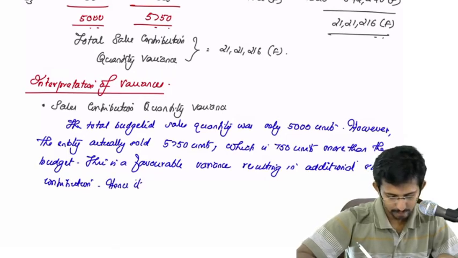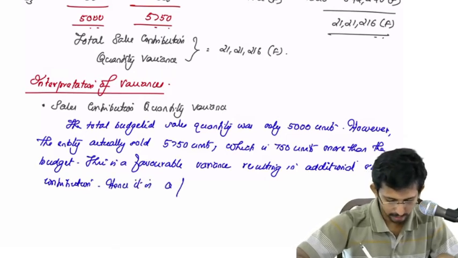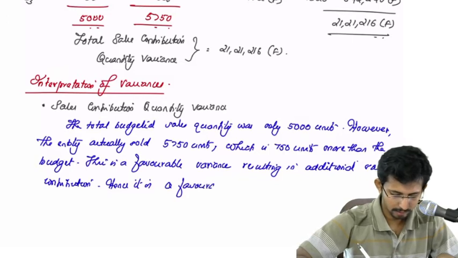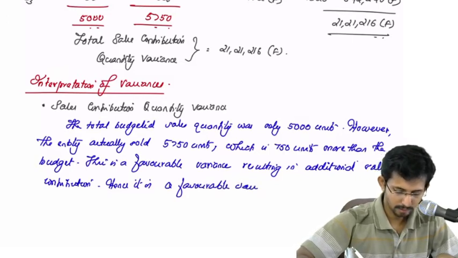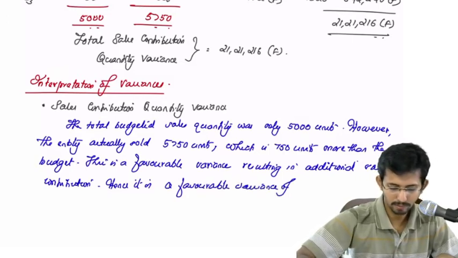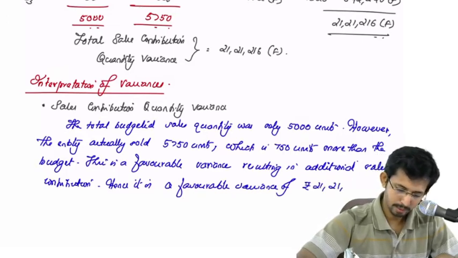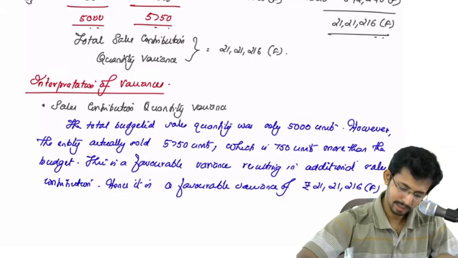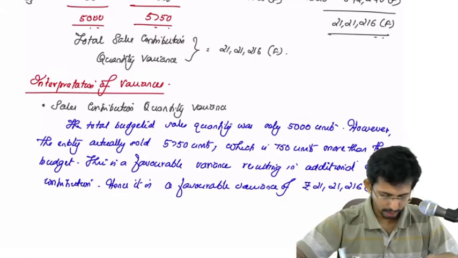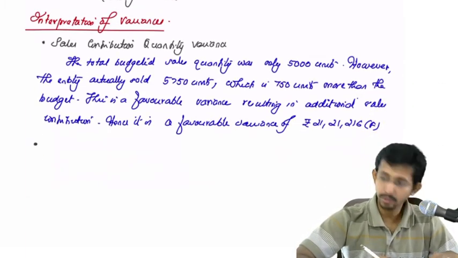Hence, it is a favorable variance of 21,21,216 F.